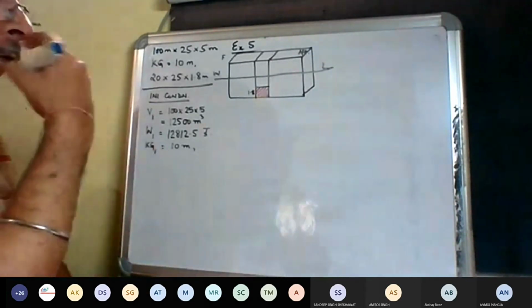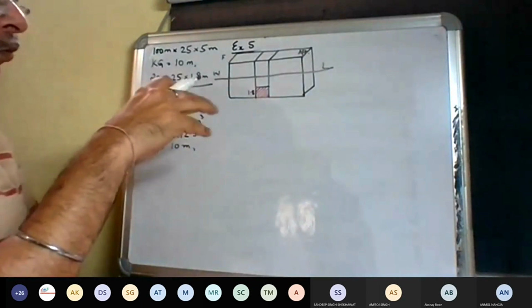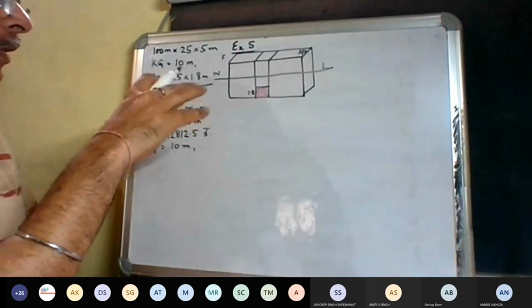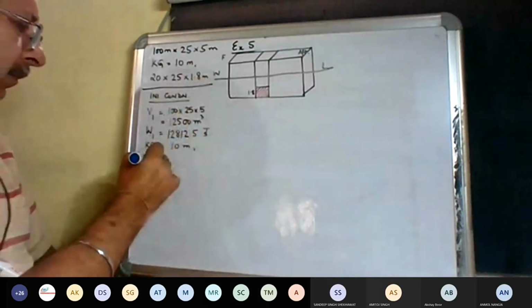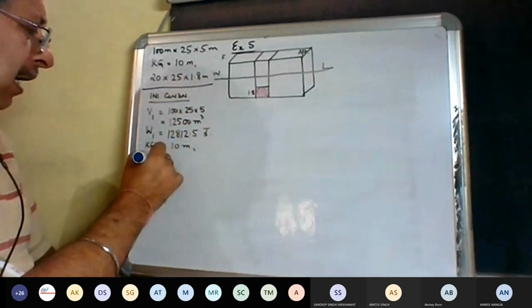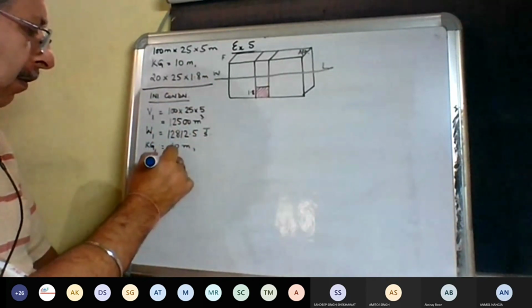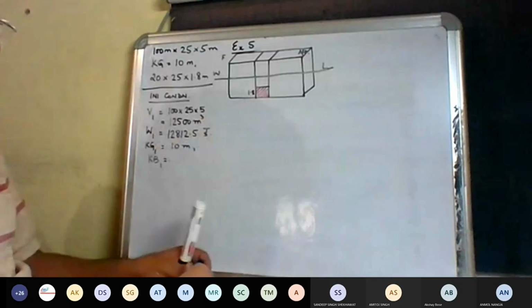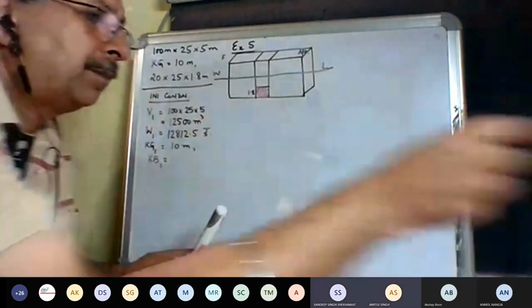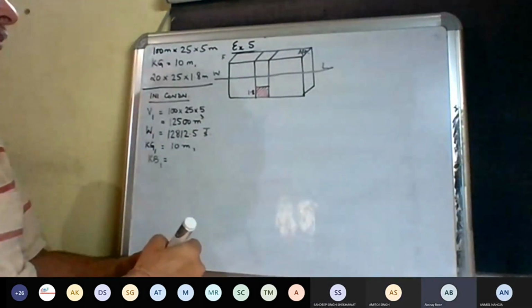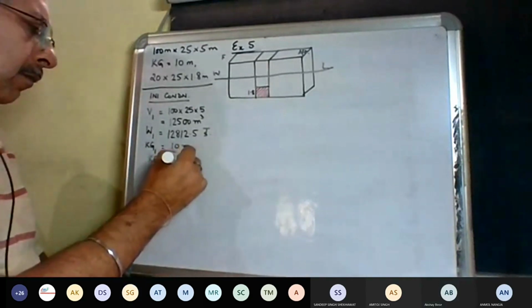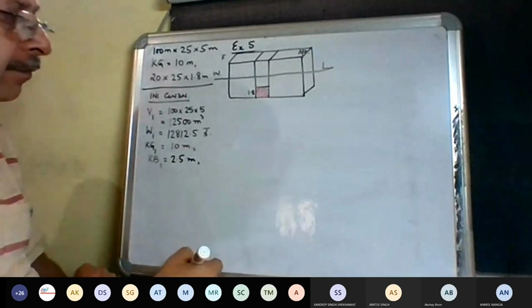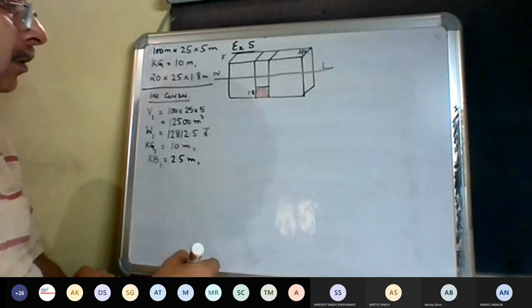Before I go into that, the hull is intact. So can you tell me KB1? 2.5. Everybody is okay with this? Yes, sir.